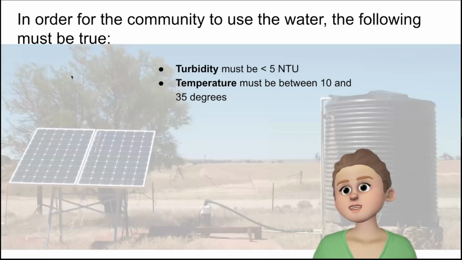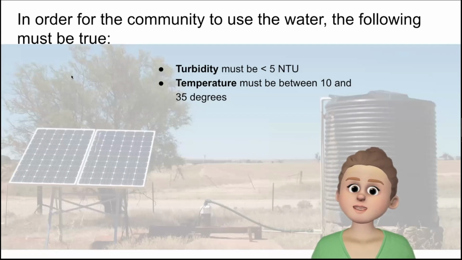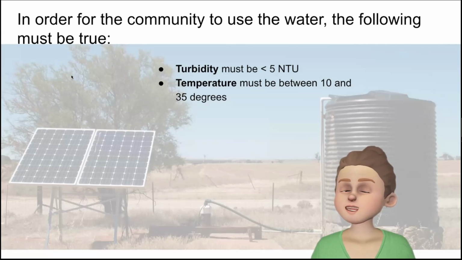Okay, so we've only so far considered one variable to determine if the water is safe, and that was turbidity. In reality, in order for water to be safe, many conditions need to be met. So I'm going to now introduce a second variable that we need to check, and that is water temperature. So the water will be safe to drink if the temperature is between 10 and 35 degrees.